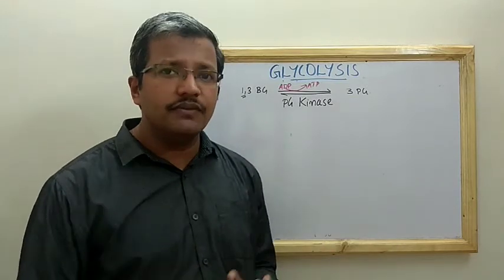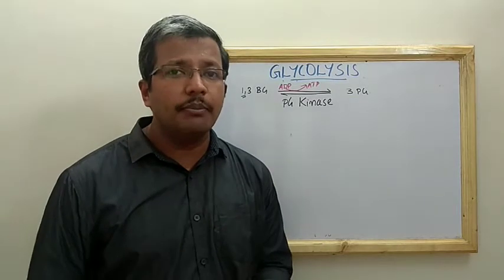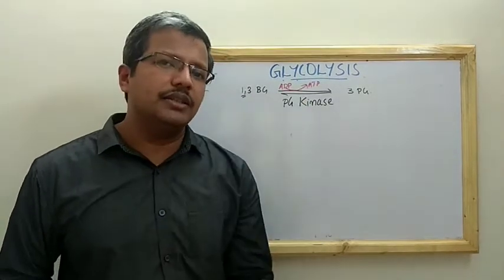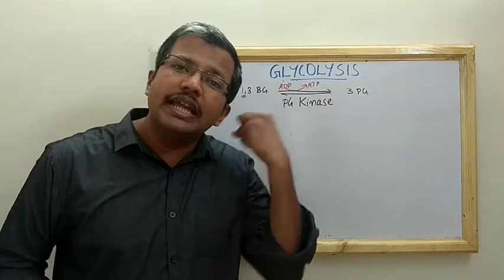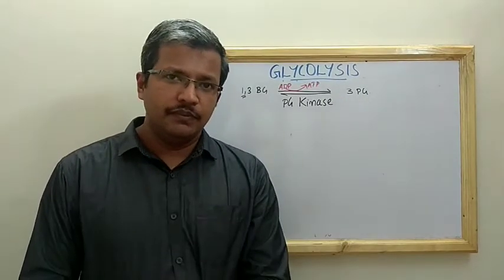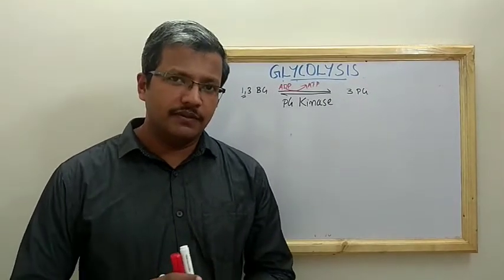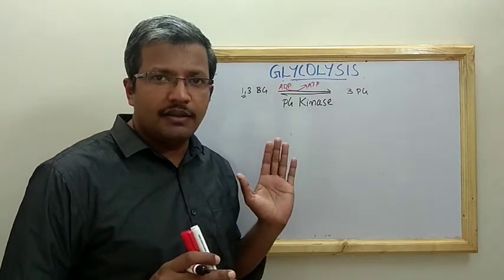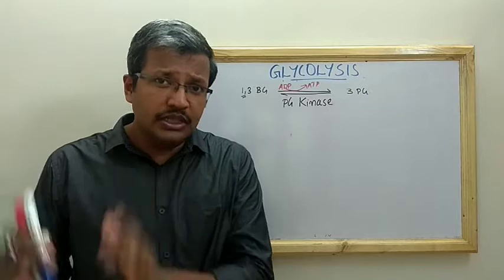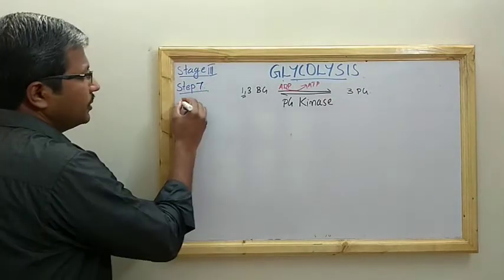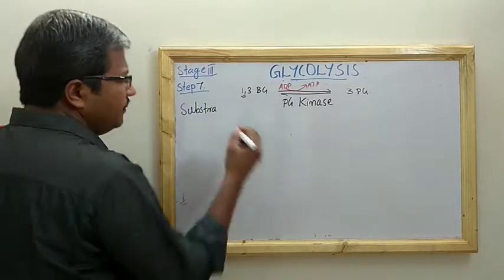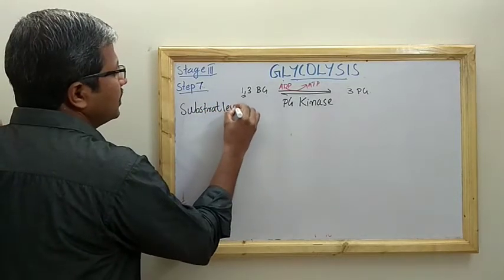Normally ATP is the one which is donating the phosphate group. But here, a substrate other than ATP donated the phosphate group, and that to the ADP molecule, forming ATP. What kind of reaction is this? This kind of reaction is known as substrate level phosphorylation. Remember this particular thing, substrate level phosphorylation. You will be getting 2 more questions.